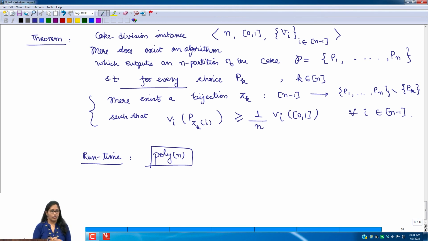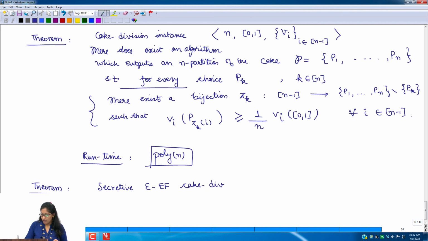Okay, so this is clear. So proportionality in a secretive setting is achievable in poly time with a contiguous cake cut, which is a big thing. We also have another result, but I will not go into the details of it since I am running out of time, but it talks about secretive epsilon envy-freeness.